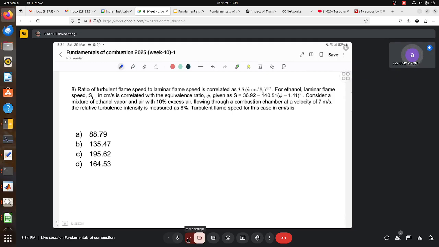Consider a mixture of ethanol vapor and air with 10% excess air flowing through a combustion chamber at a velocity of 7 meter per second. The relative turbulence intensity is measured as 8%. Then the turbulent flame speed for this case in centimeter per second will be? So that's the question. I'll wait for 1 or 2 minutes, see if you can try.